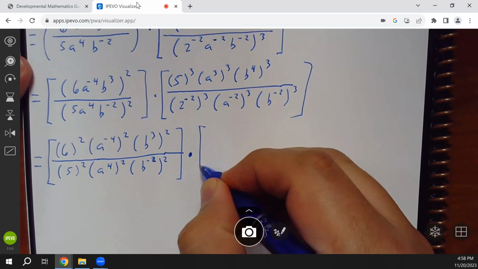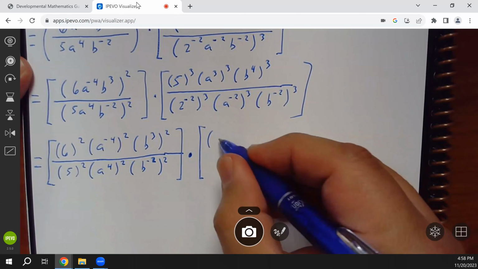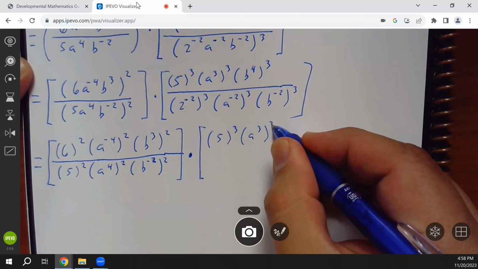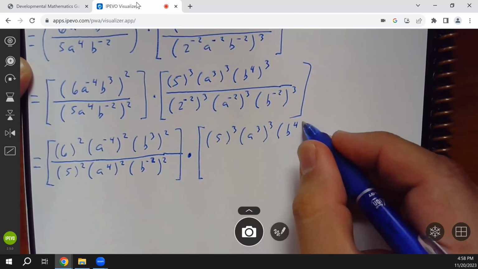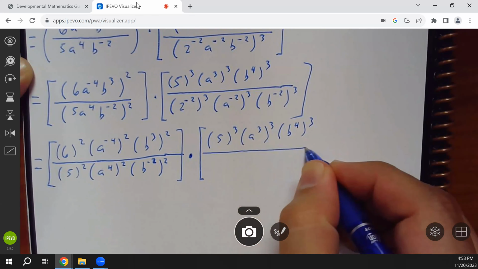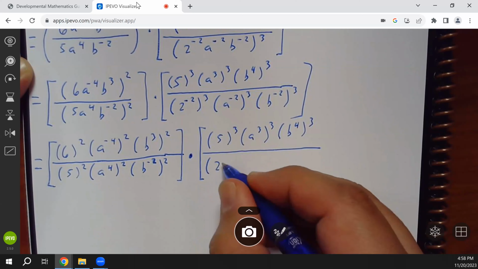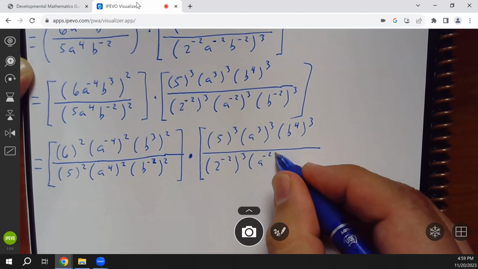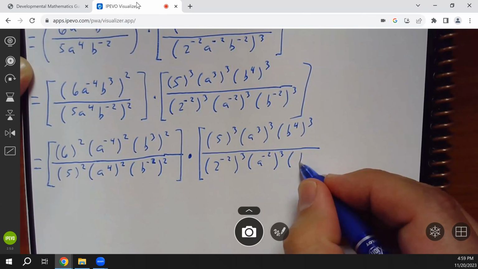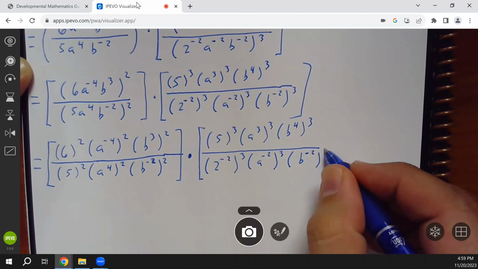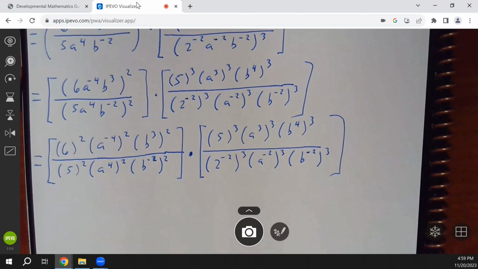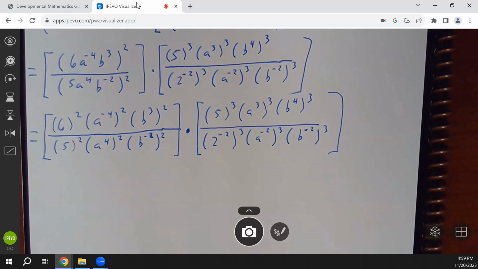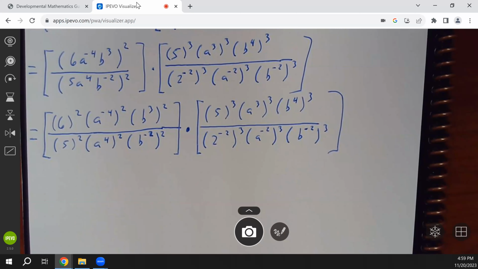The other one, I'm just gonna copy it and then we'll do it at the same time. All right. So at this point, just apply the power.